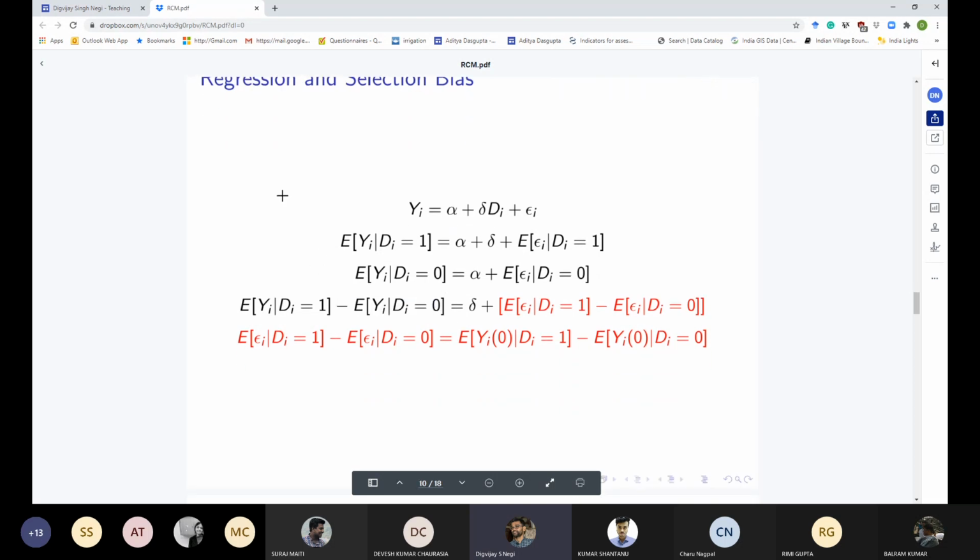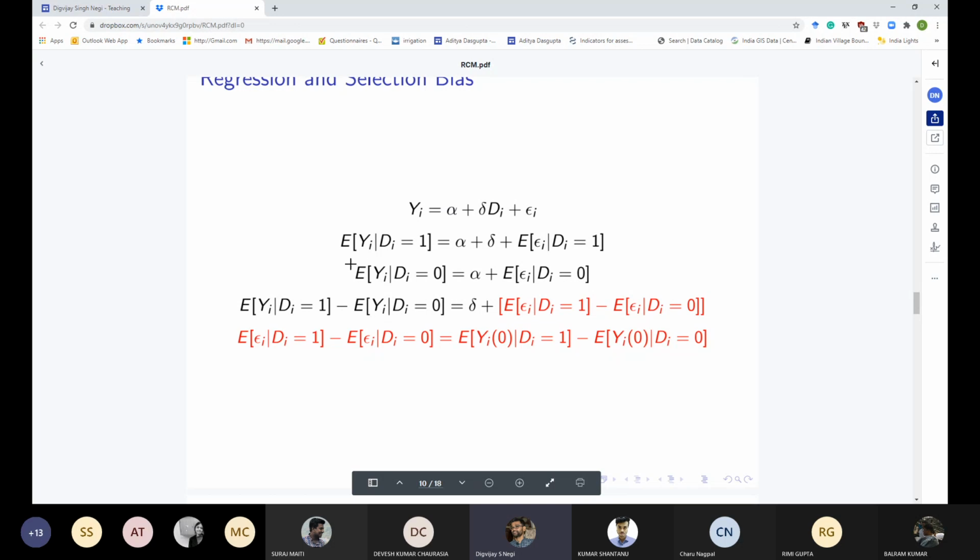Now let's go through this algebra. It's not very complicated. It's very simple. Find the average outcome for the treated group in this regression. You can write it like this: the expected value of yi conditional on di equal to 1 is alpha plus delta, plus the expected value of the errors, the residual that is left, conditional on di equal to 1.